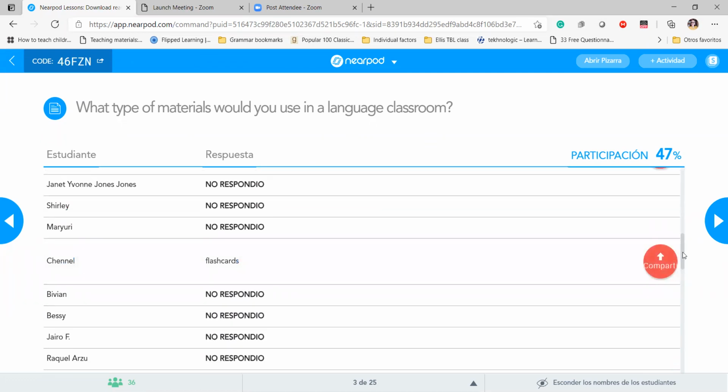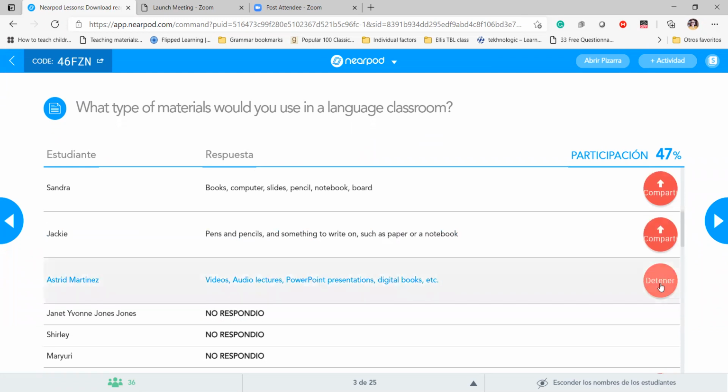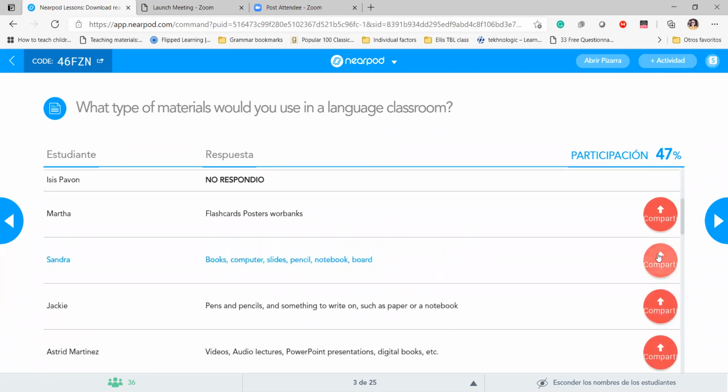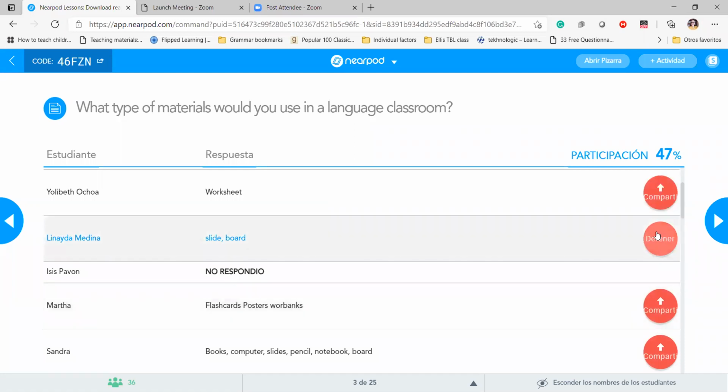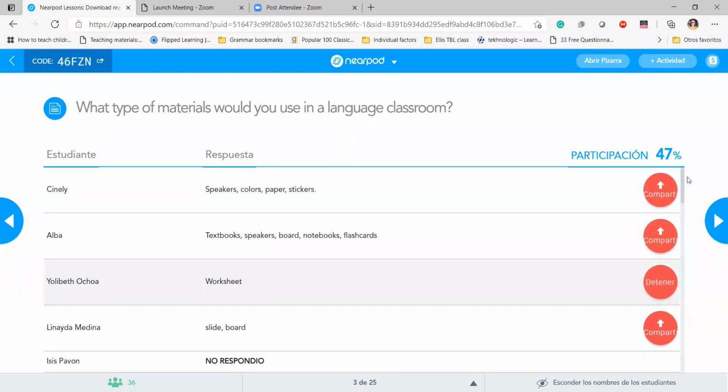They're very varied, and that tells us something that is very important that we expect to learn in this class, okay? That materials are more than just a book, because in life as a teacher, you're going to go to work to places, especially if you work with the government, where people are going to tell you, come, you're going to be our English teacher. So this is your list of students.